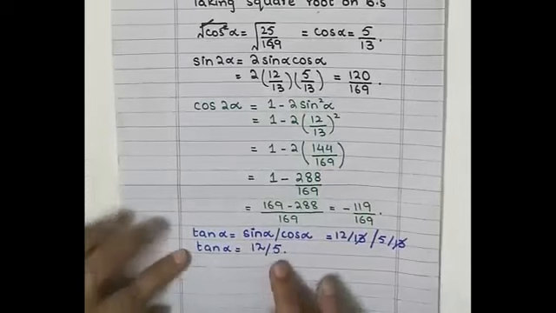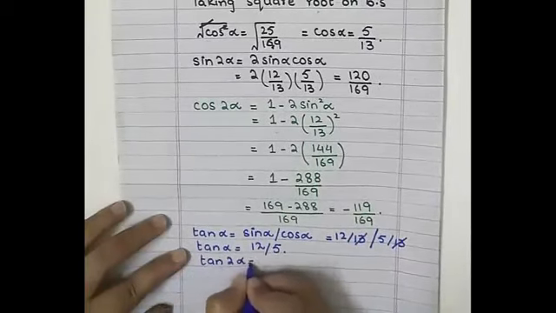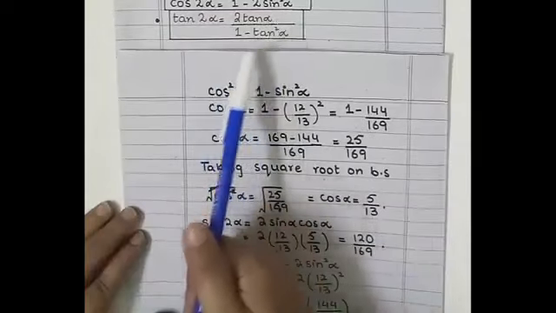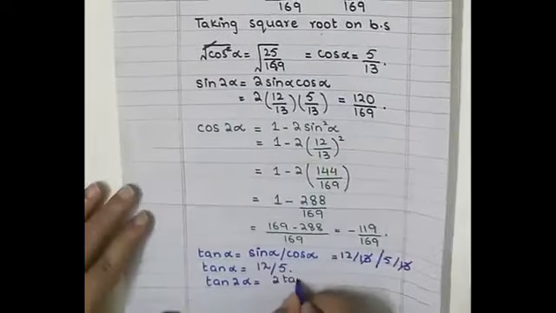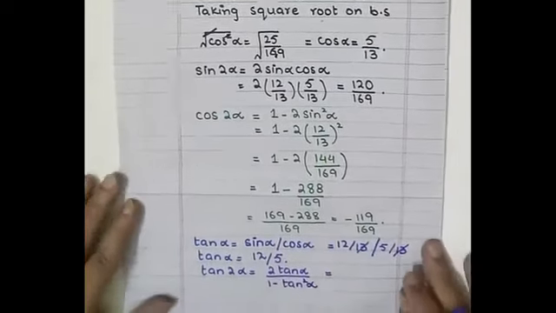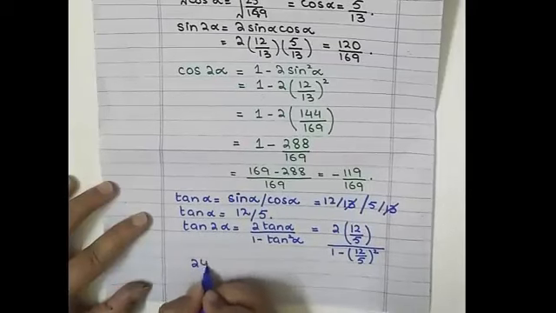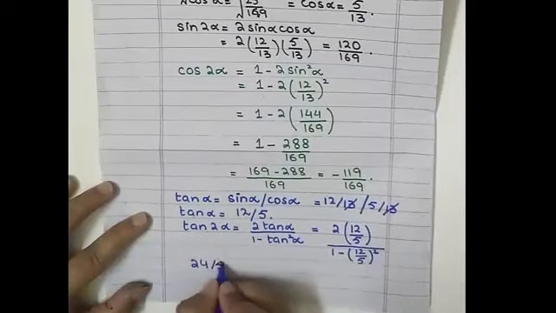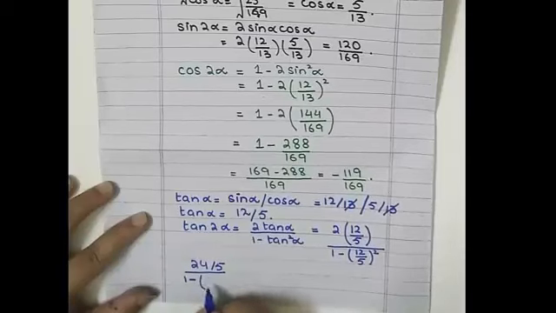Now we will use the formula, which is tan 2 alpha is equal to 2 tan alpha over 1 minus tan square alpha. Now 2 times 12 is 24 over 5, divided by 1 minus the square of 12, which is 144, over the square of 5, which is 25.